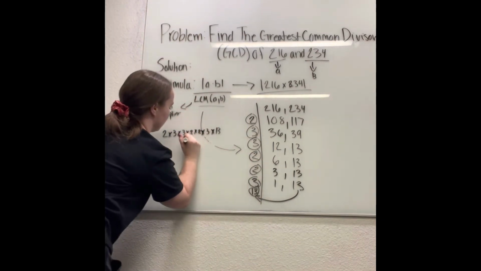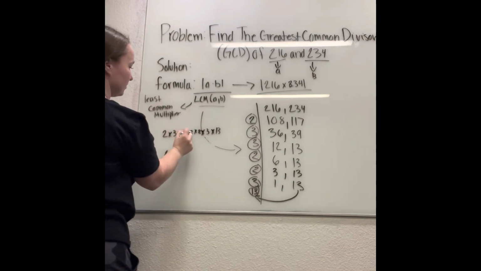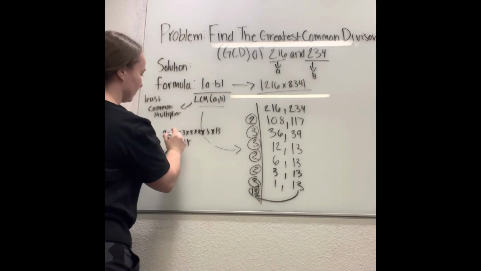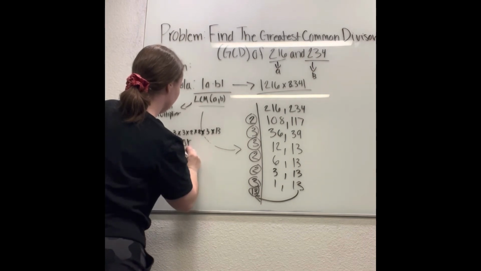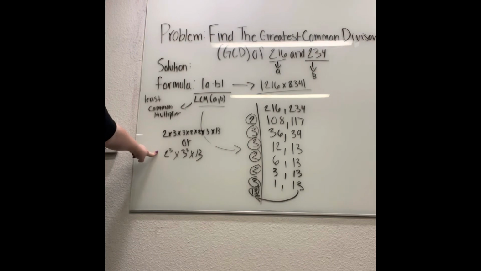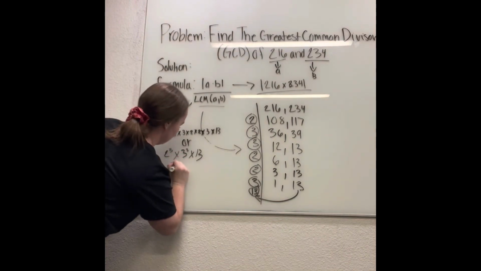Or we could do 2 to the, how many 2's are there? 1, 2, 3. 2 to the third times how many 3's are there? 1, 2, 3. 3 to the third times 13. All of that comes out to equal 2,808.